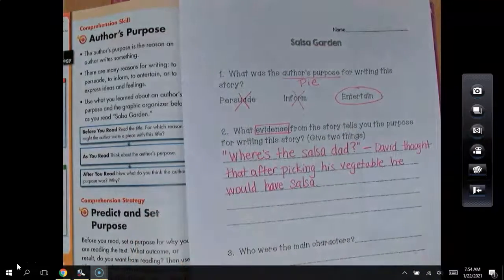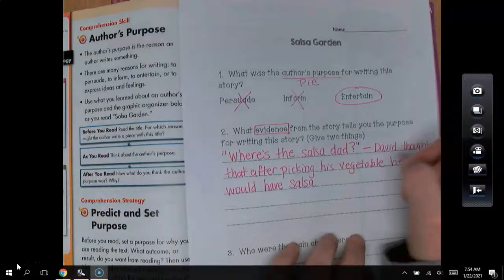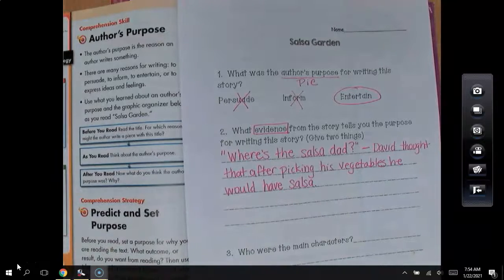Okay. Where's the salsa, Dad? So David thought after picking his vegetables, he would have salsa.